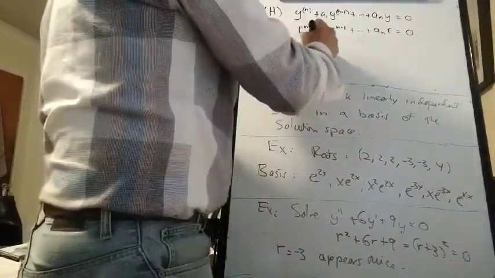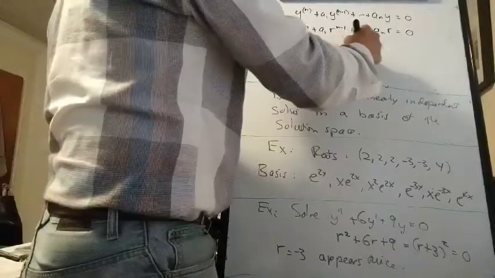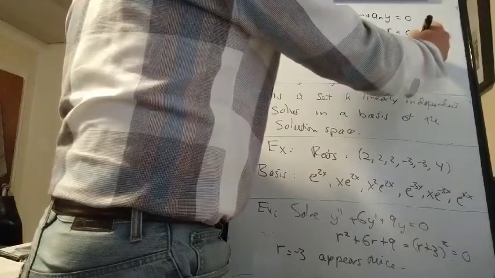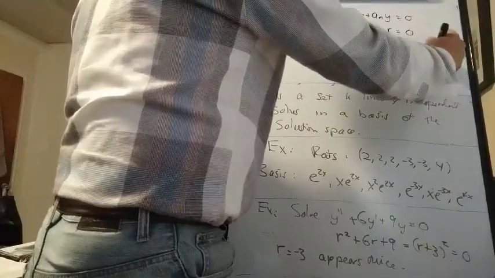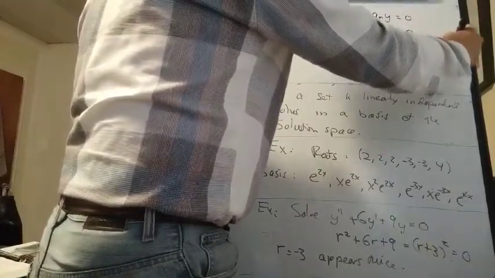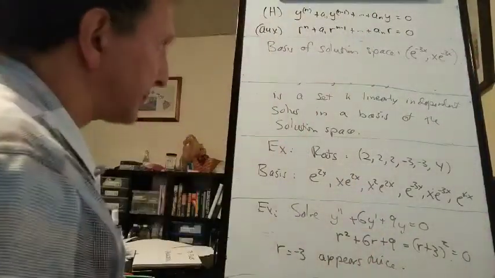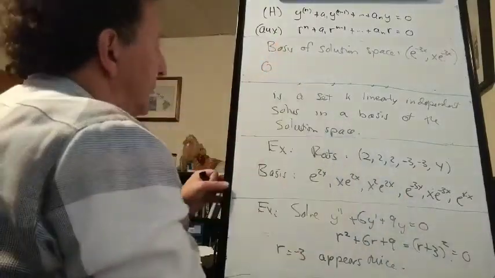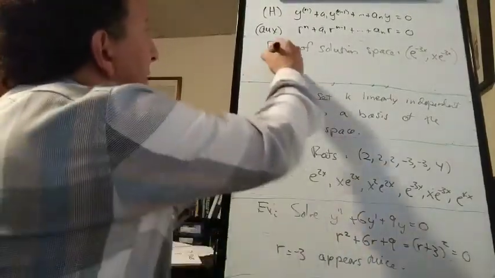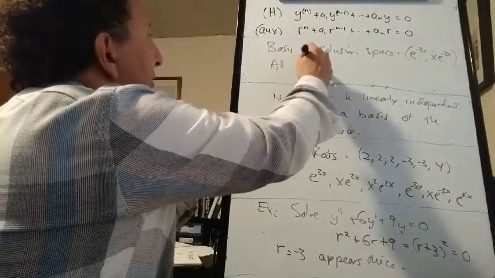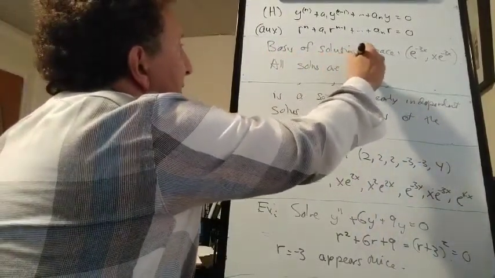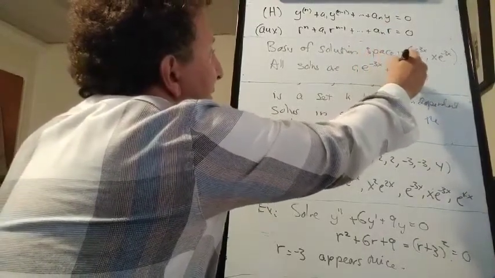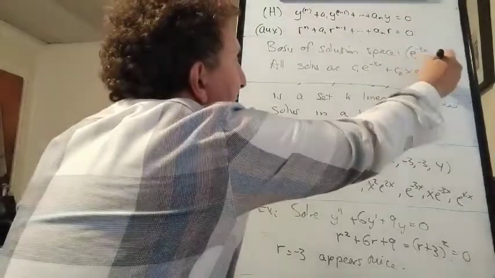So a basis of the solution space is e to the -3x and x e to the -3x. So in other words, all solutions are something e to the -3x plus something x e to the -3x.